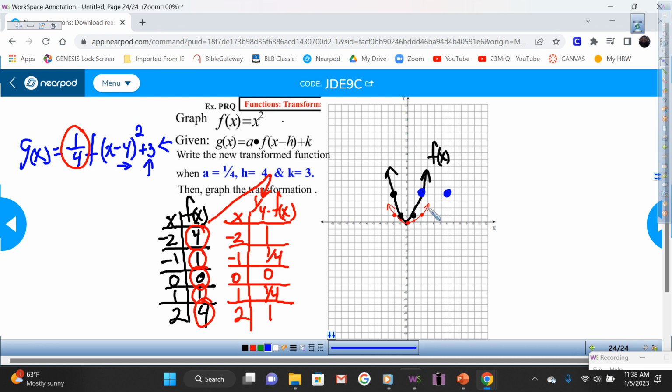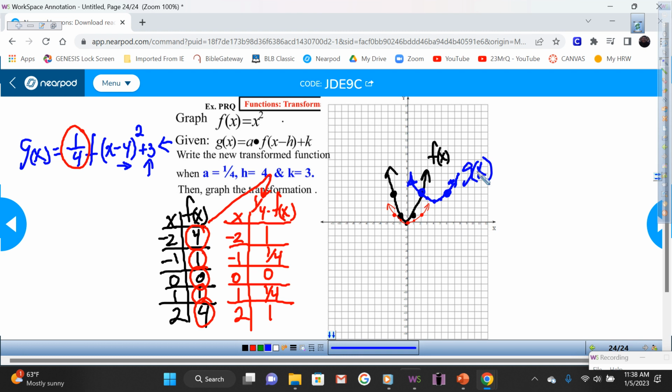I lost myself. Here it goes again. And the last one. 1, 2, 3, 4. 1, 2, 3. And label that g of x.